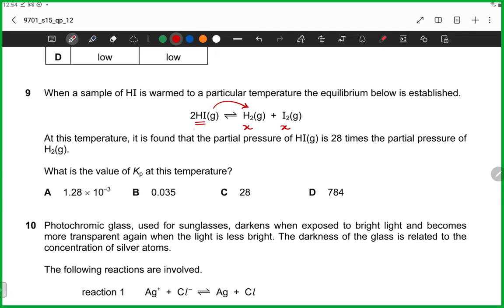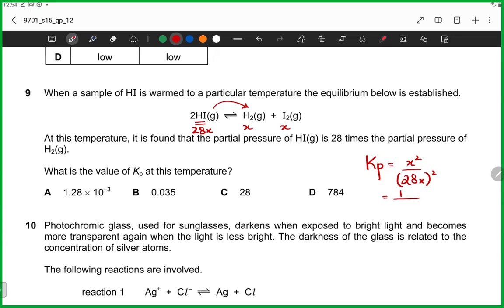And HI is 28 times larger, right? So the partial pressure of HI would be 28x. So we can just write the Kp expression, which is product pressure, so that's x into x, that's x squared, divided by the reactant pressure, which is 28x, and that's also going to be squared because it's 2HI. So the x squared will get cancelled out.